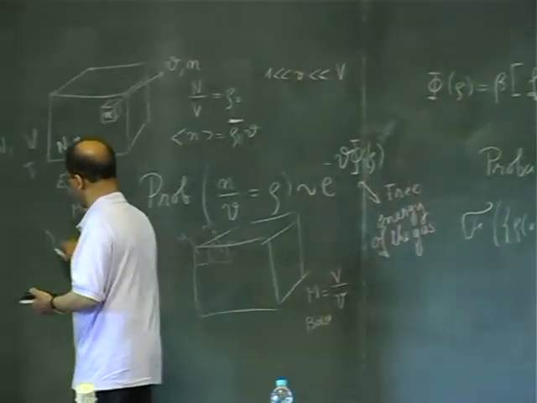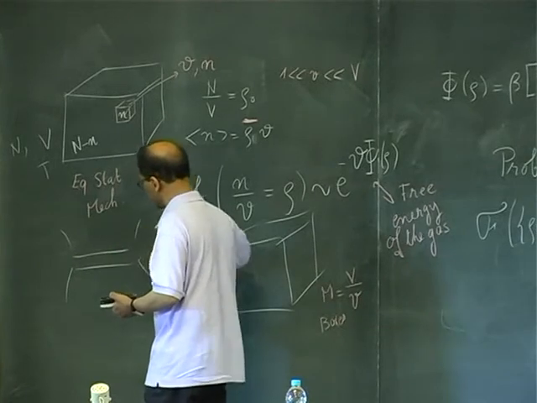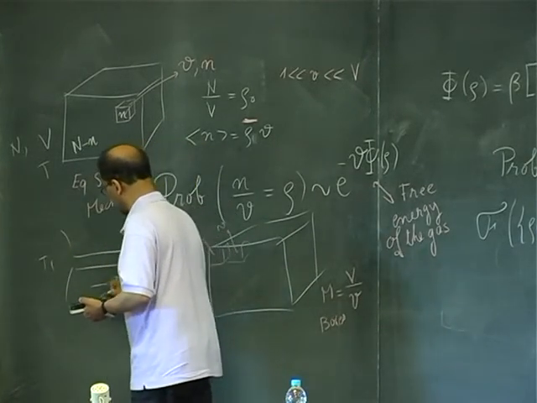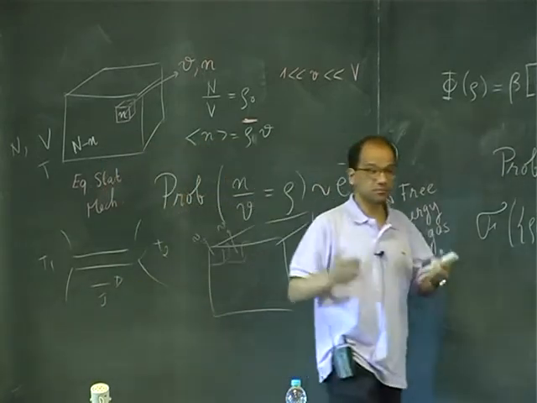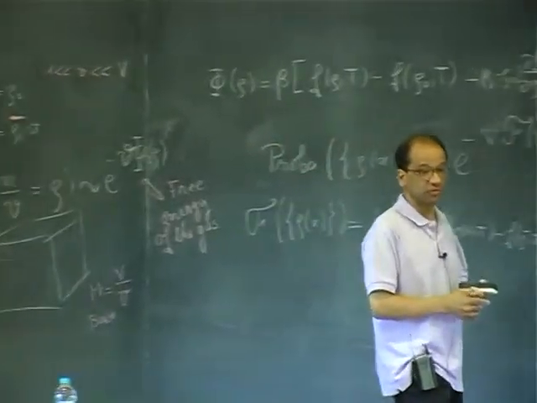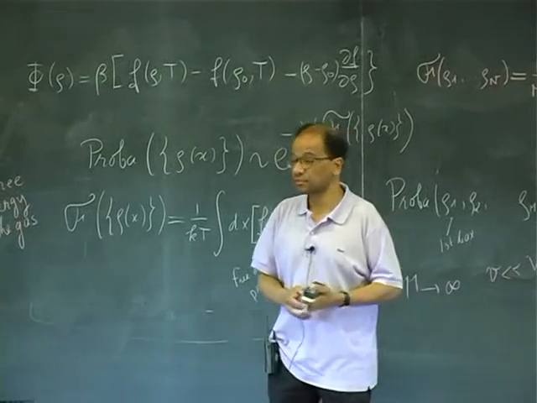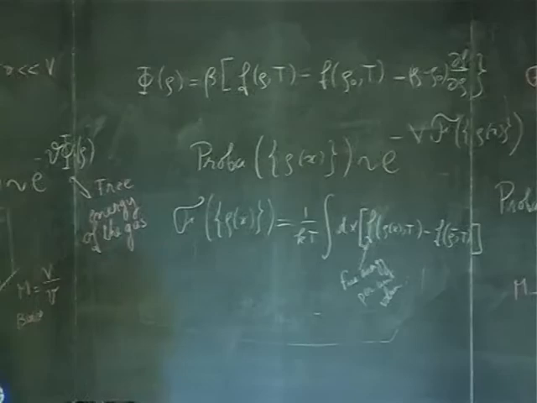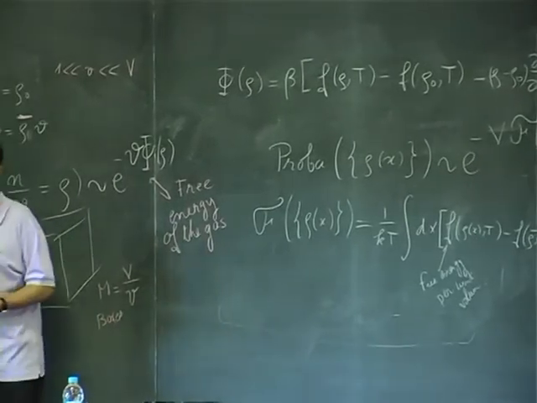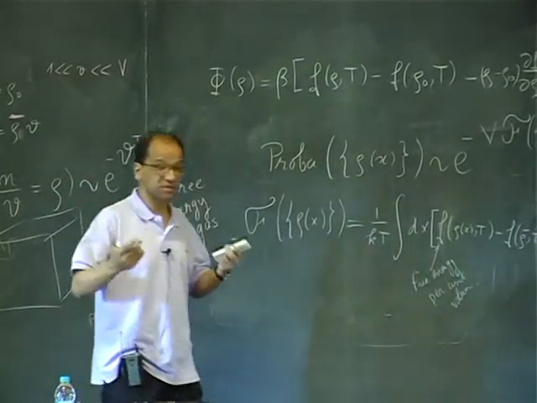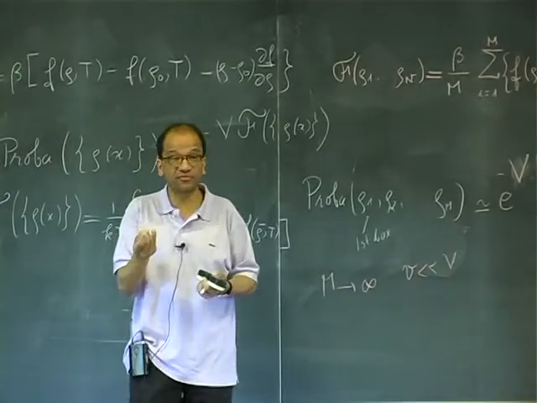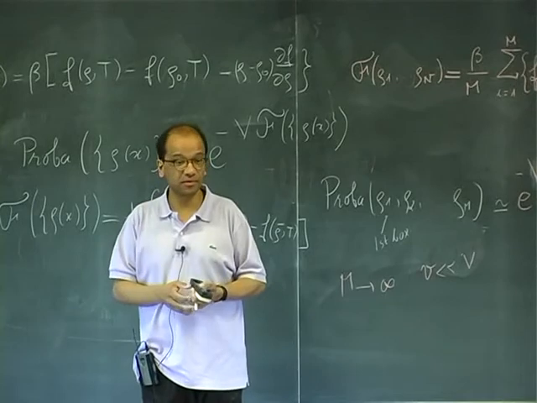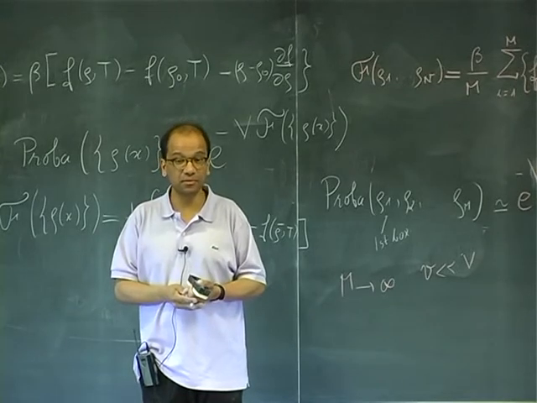Suppose I have two reservoirs at different temperature with a current flowing. Can you give me a physical argument, a common sense reason, why entropy has no meaning here? Two temperatures or two potentials, two different voltages, 200 volts and 0 volts.